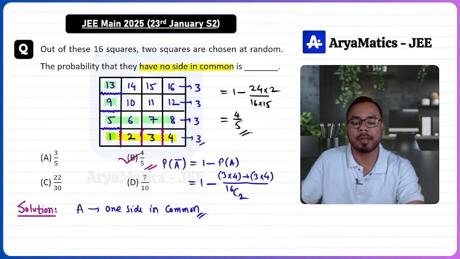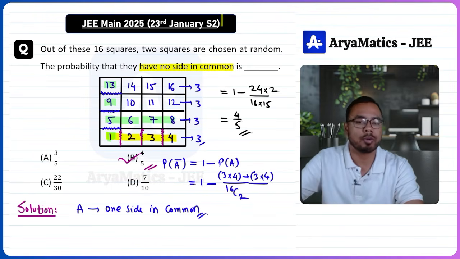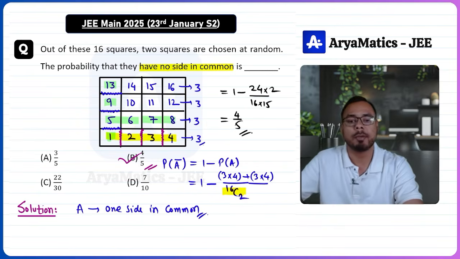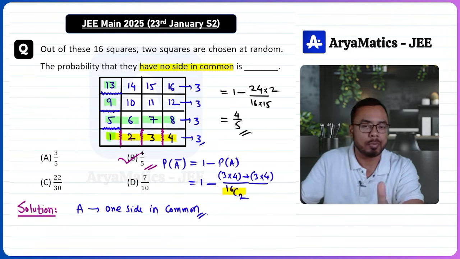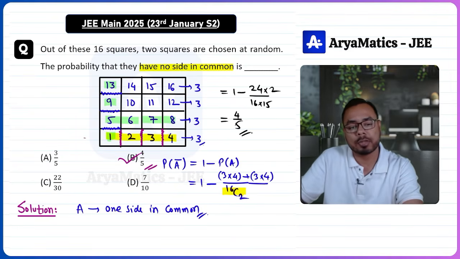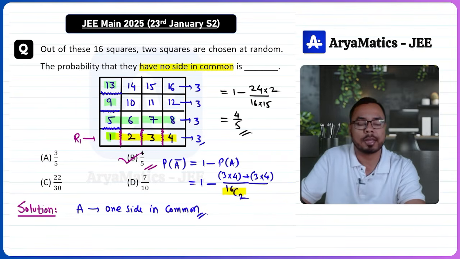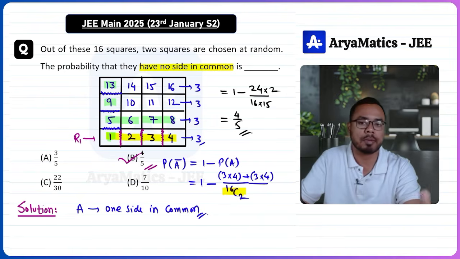So this was a problem where the total number of cases will be 16C2. Mainly the problem was in how many ways we can select a pair of squares having one side in common. For that you can think of one row at a time. If you talk about this row, let us say this was row 1, there are three ways of selecting a pair of squares having one side in common: 1, 2, 2, 3, 3, 4.